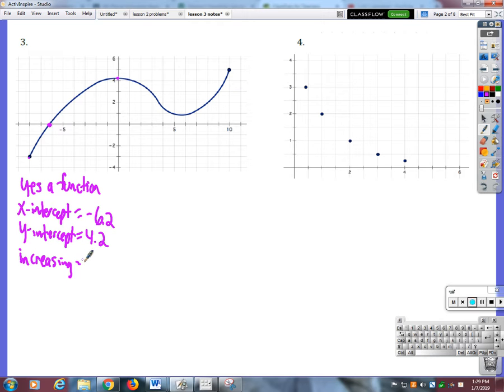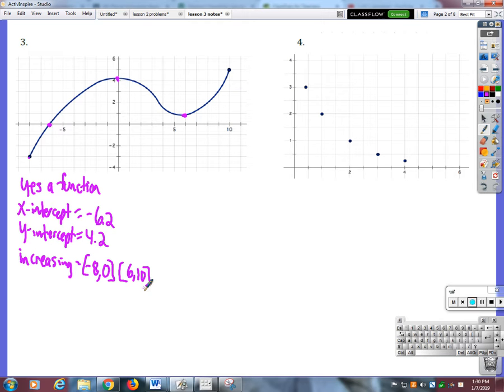Okay, and then it keeps going up until it gets to x equals... what x value is right here where it stops going up? X value 0. So it's increasing from negative 8 to 0, and then it does it again from right here. Nice job.